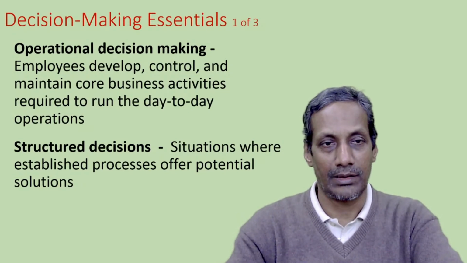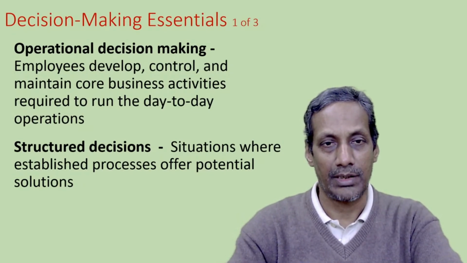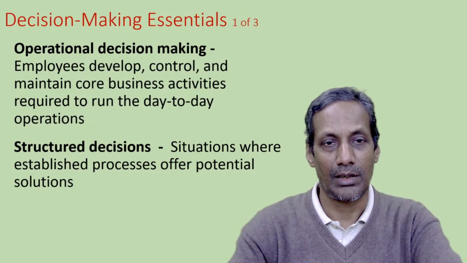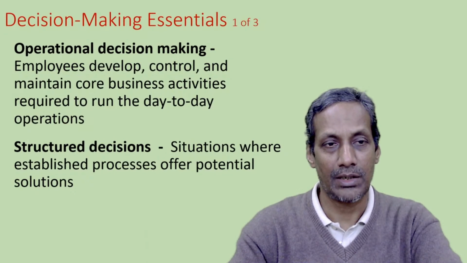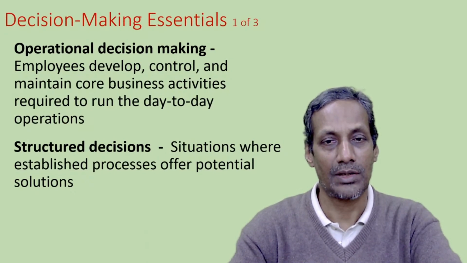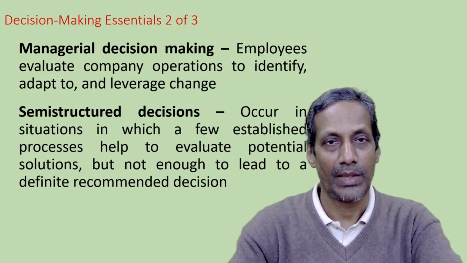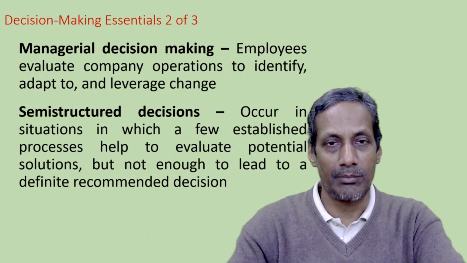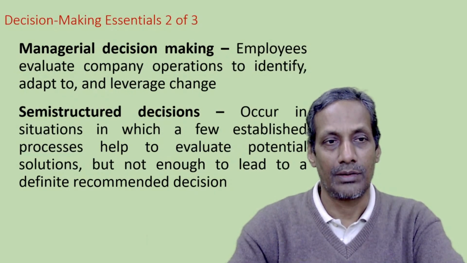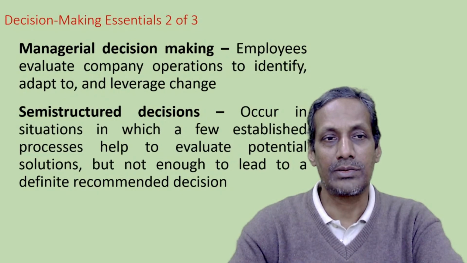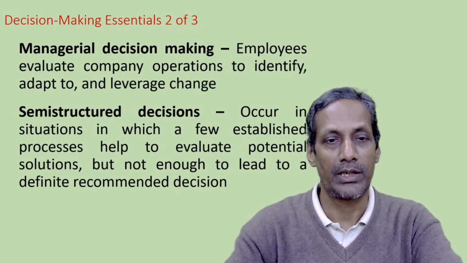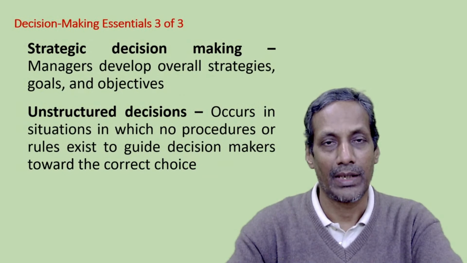We have discussed these three types of decisions, but you should know that structured decisions are taken in situations where established processes offer potential solutions. Semi-structured decisions are taken by tactical managers, and they occur in situations in which a few established processes help to evaluate potential solutions, but not enough to lead to a definite recommended decision.